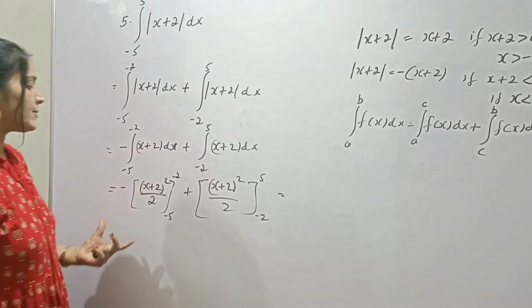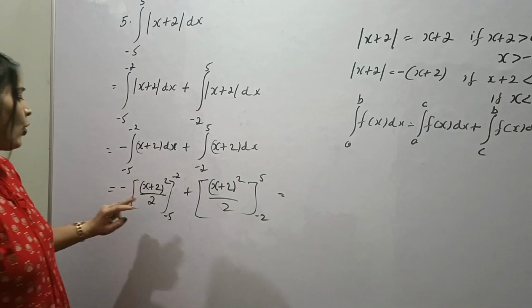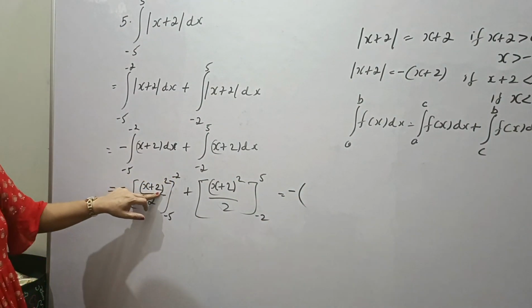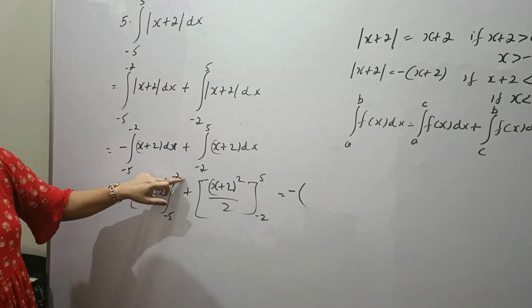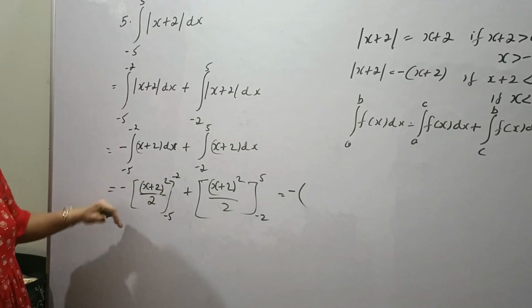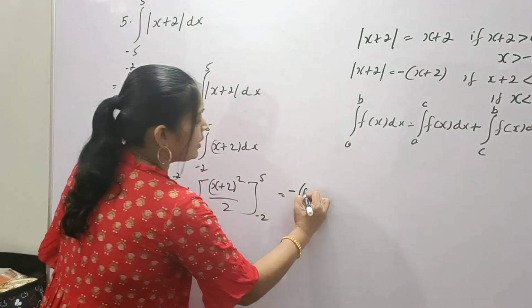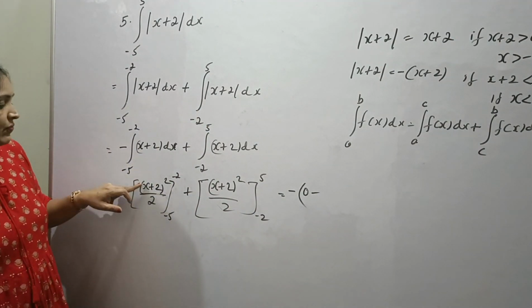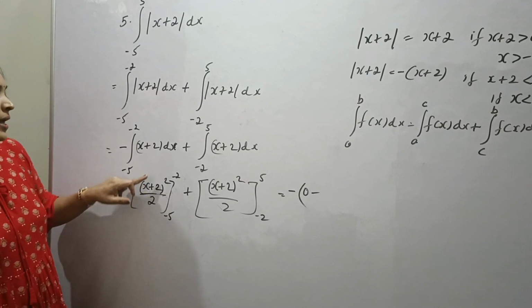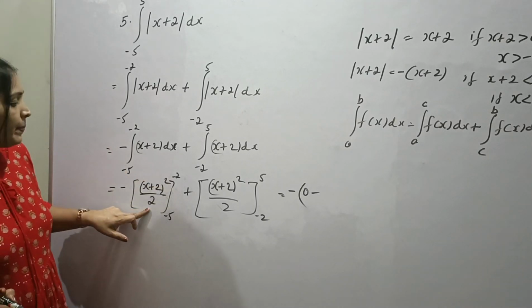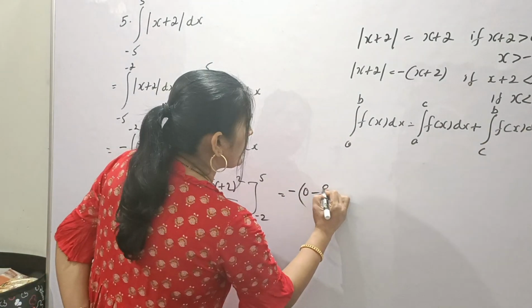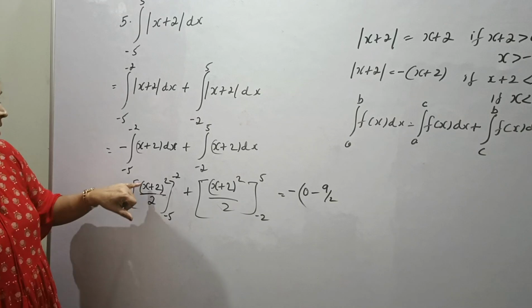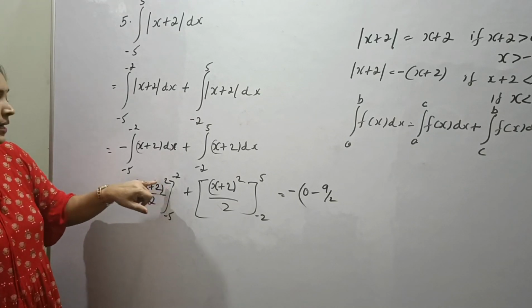Now let's apply the limits. Substitute upper limit, then lower limit. Put x equal to the upper limit minus 2: minus 2 plus 2 is 0, so the first term will be 0. Minus, next we substitute the lower limit: minus 5 plus 2 is minus 3, minus 3 square is 9, so 9 by 2.